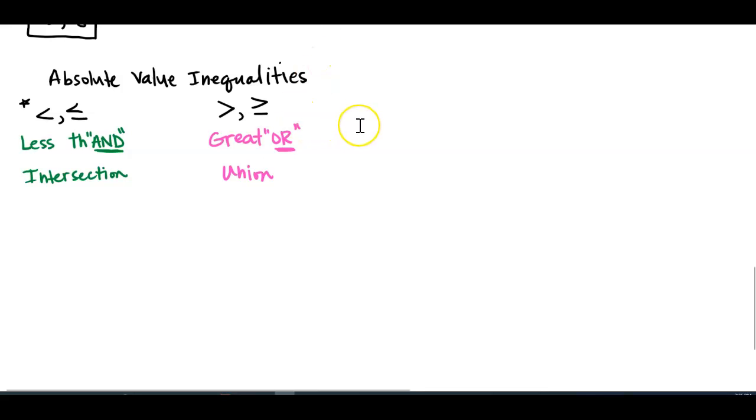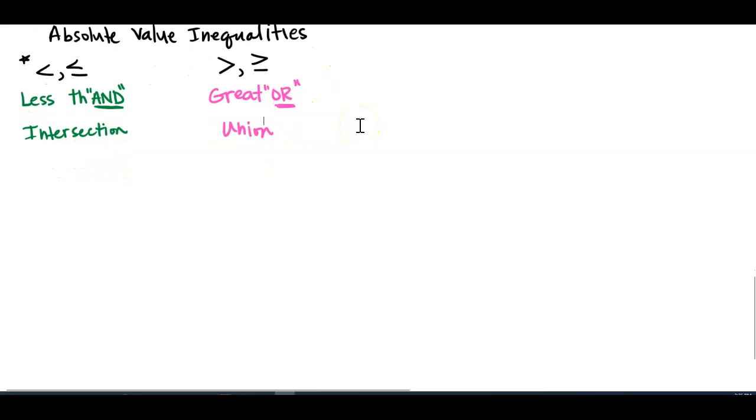All right, so let's take a look at an example of one that we might need to solve. So for this one, let's solve, graph, and write our answer in interval notation.